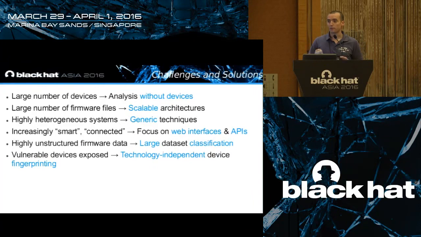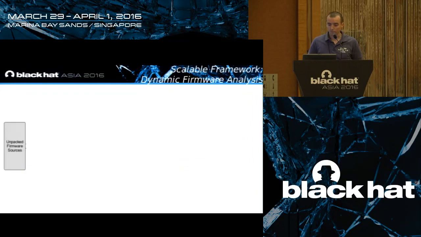So we need fingerprinting techniques which can fingerprint these billions of devices easily and be technology independent. One way to do this is to use the web interfaces for the web-enabled devices and use other kinds of techniques for non-web-enabled devices.